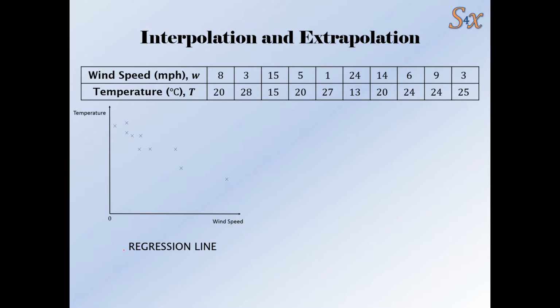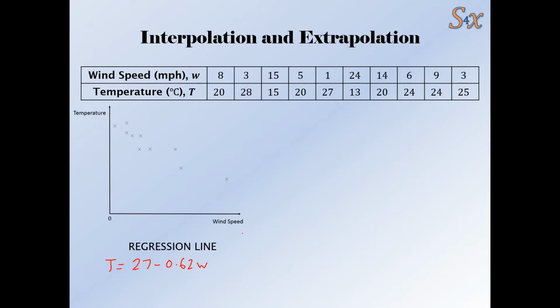So the regression line for this is going to be 27 minus 0.62 times the wind speed. Okay, that's our regression line.